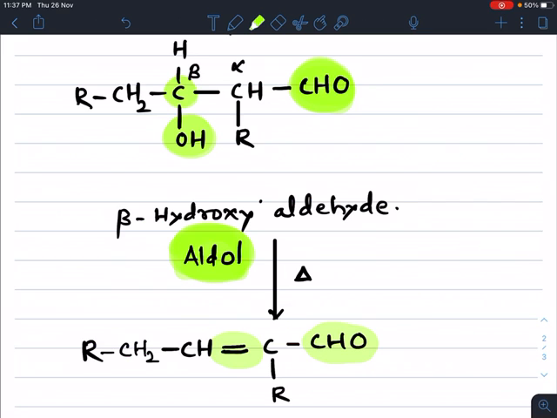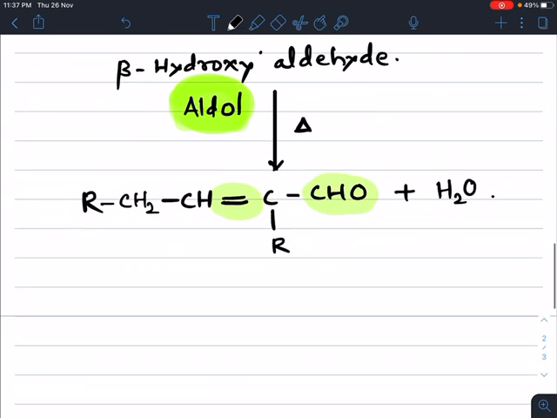The H2O is removed from the alpha and beta carbons. So by alpha beta elimination, the water molecule is eliminated from this intermediate compound, so we write plus H2O.